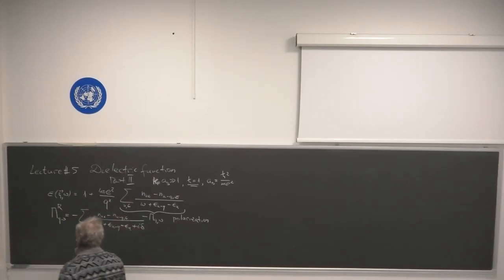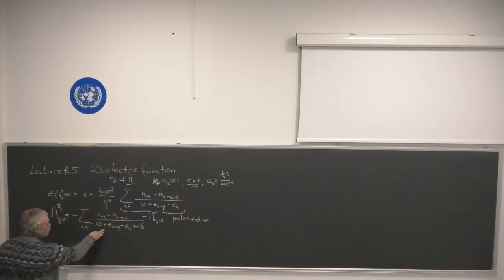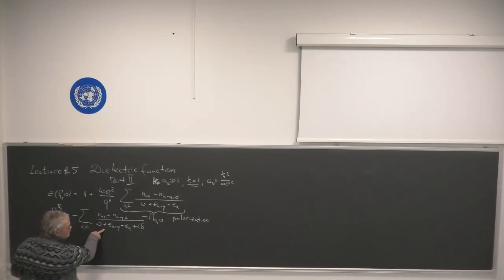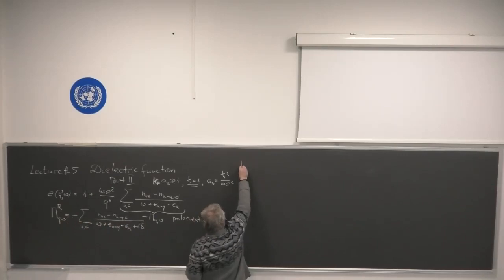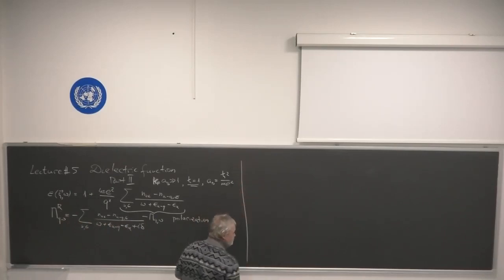But the point is that this function has both real and imaginary part. Today, for the purposes of my lecture, I will be considering only the real part of this polarization operator or polarizability. So, let's start with properties of epsilon as a function of q and omega.